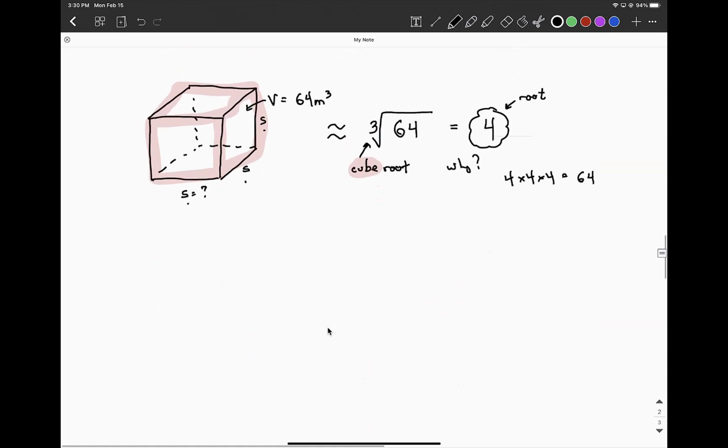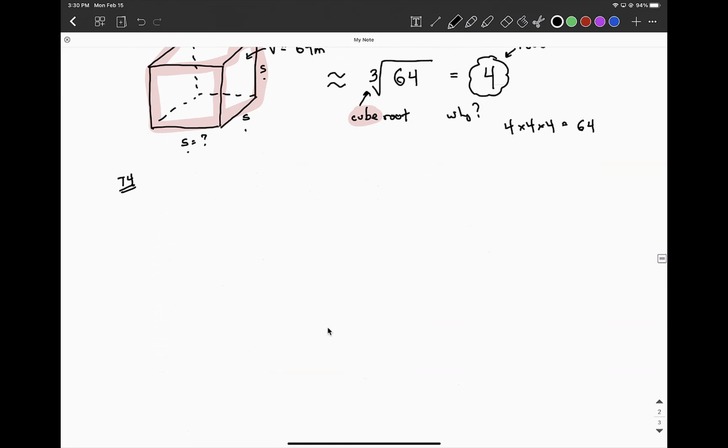In topic 4, we start asking you to take roots that aren't so perfect. There's not that many perfect roots out there. Let me show you a few of them. Square root of 4, square root of 9, square root of 16, square root of 25, the square root of 36.